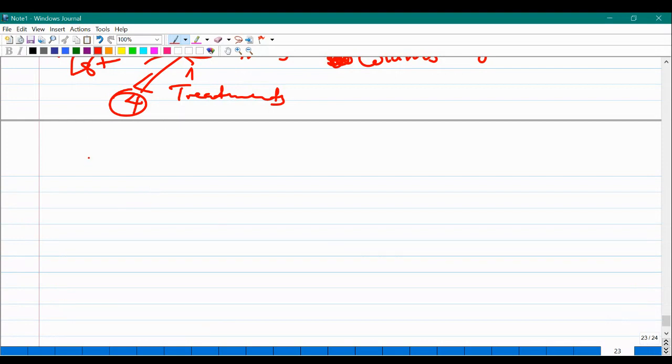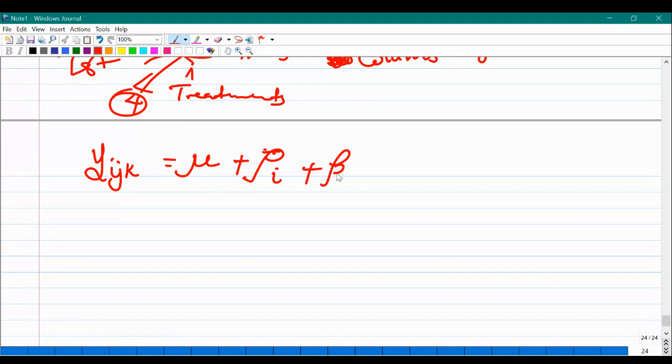You have 3 blocking factors. So the model will be Yijk. You will add the subscript if there's a need. Mu is the overall mean plus, we can say, row I for the rows, beta j for the columns.